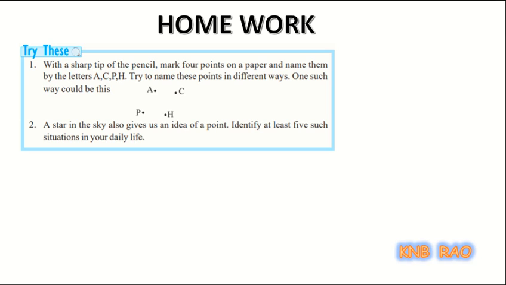One such way could be this. Next, a star in the sky also gives us an idea of a point. Identify at least 5 such situations in your daily life where you will see the idea of a point.